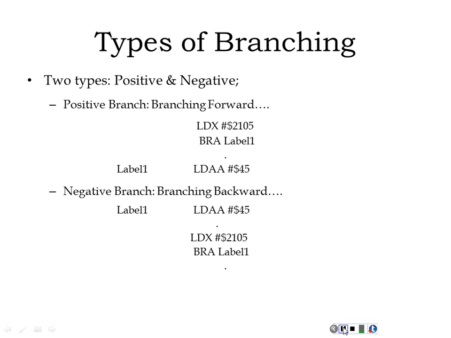Do you see the line BRA label 1? Your label 1 appears later. In the next example, which is a negative branch, the label is here, and BRA label 1 comes after, so the label has already appeared.